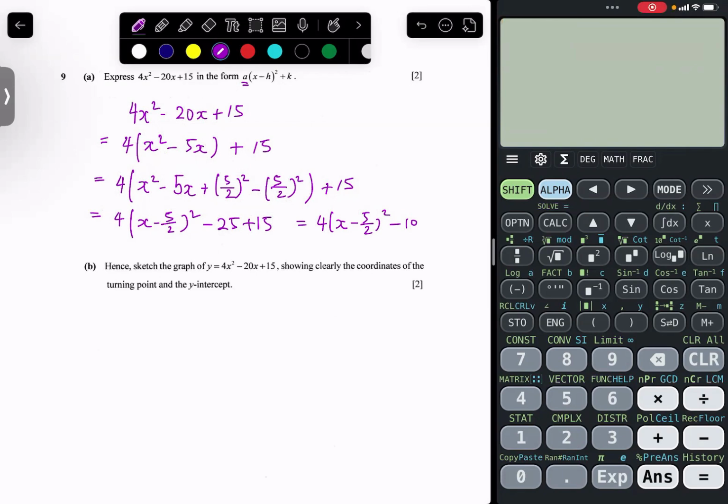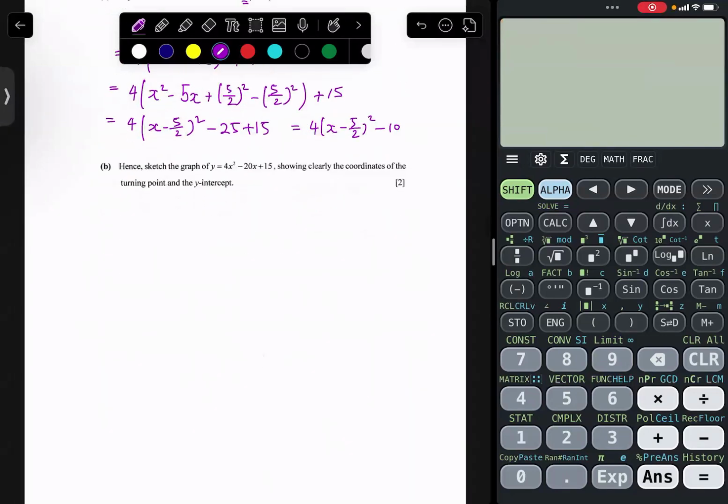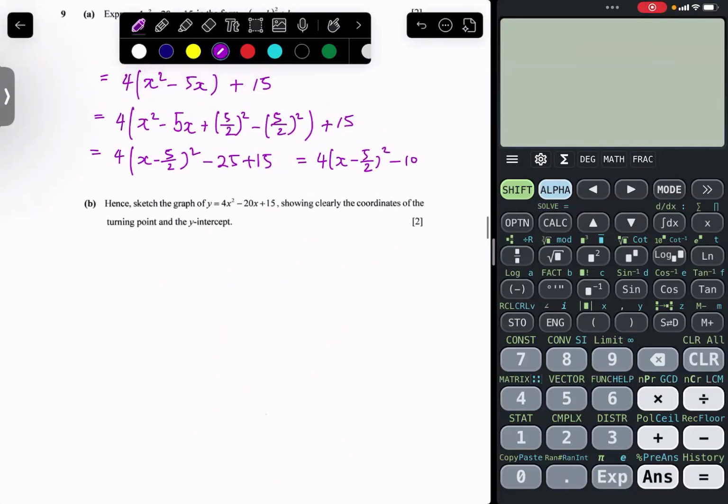Hence sketch the graph showing clearly the coordinates of the turning point and the y-intercept. The turning point is 5 over 2, negative 10. This is the turning point of the graph.